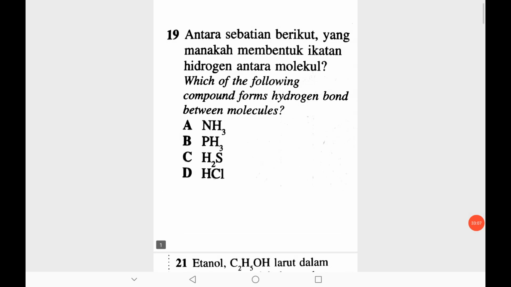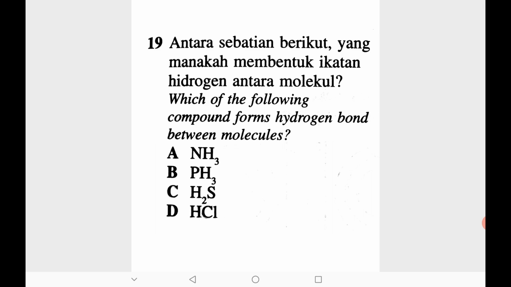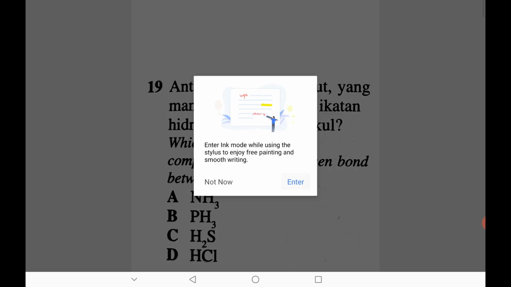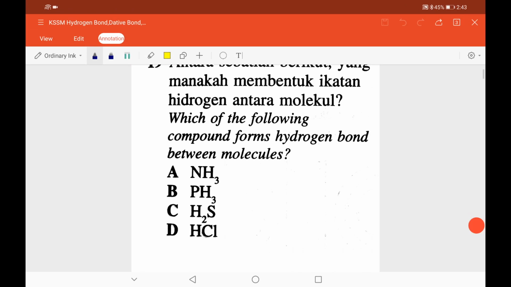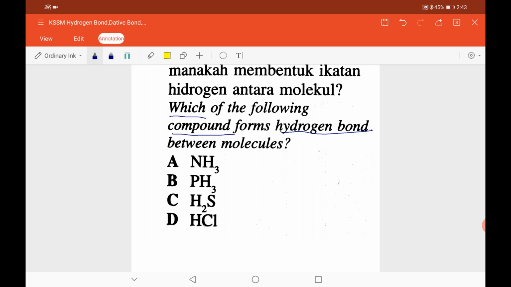Now we will run through 3 questions related to hydrogen bond. The first question: which compound can actually form hydrogen bond? Remember, for hydrogen bond, what is the key? HF, O, N, which is H and FON.